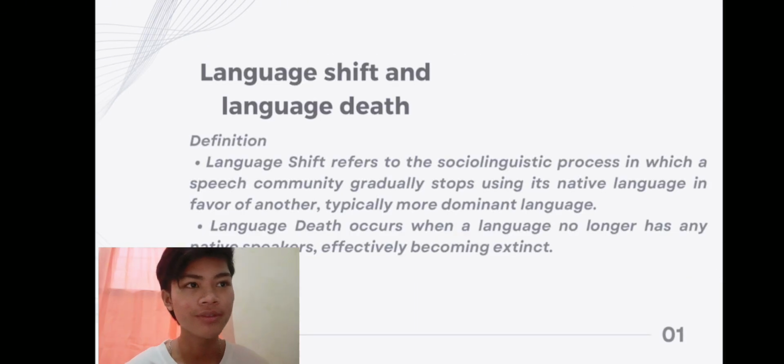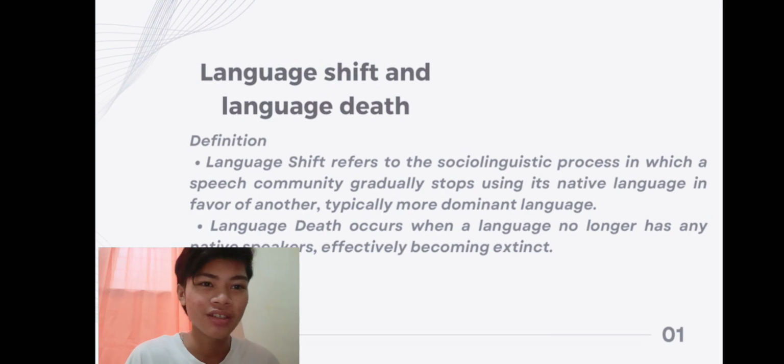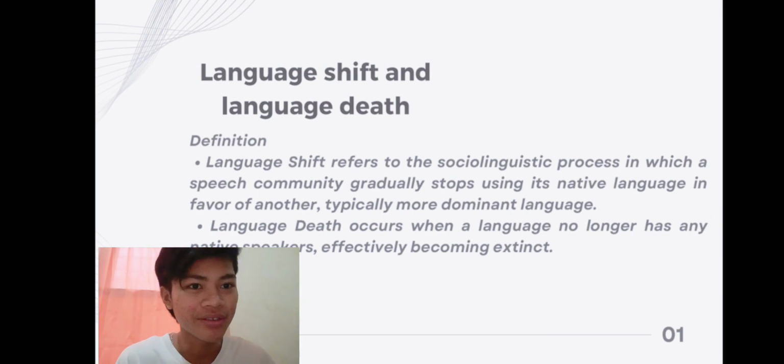Language shift happens when a group of people slowly stop using their native language and start using another one, usually because that other language is more dominant or more useful in society. Now, how can a language die?